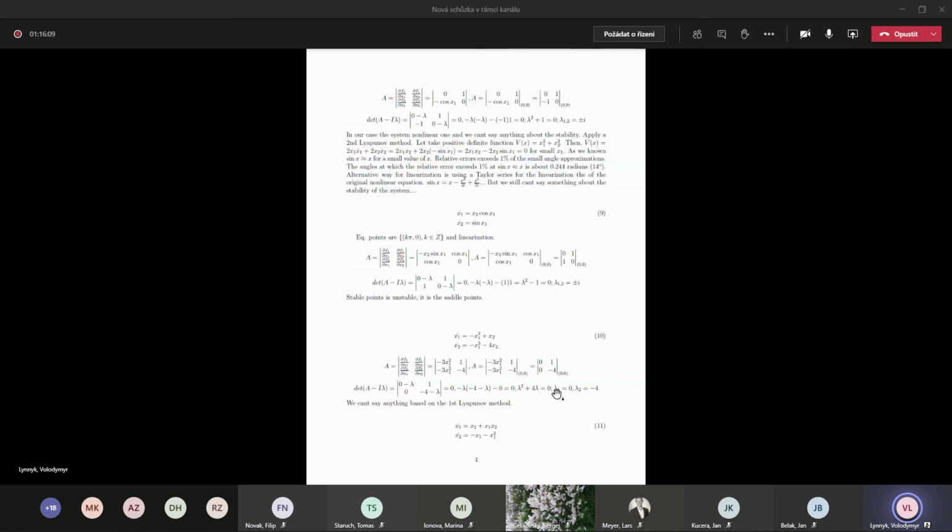In (0, 0), lambda 1 is equal to 0 and lambda 2 is equal to minus 4. What does it mean? Can we say something about the stability of this system based on the first Lyapunov method?